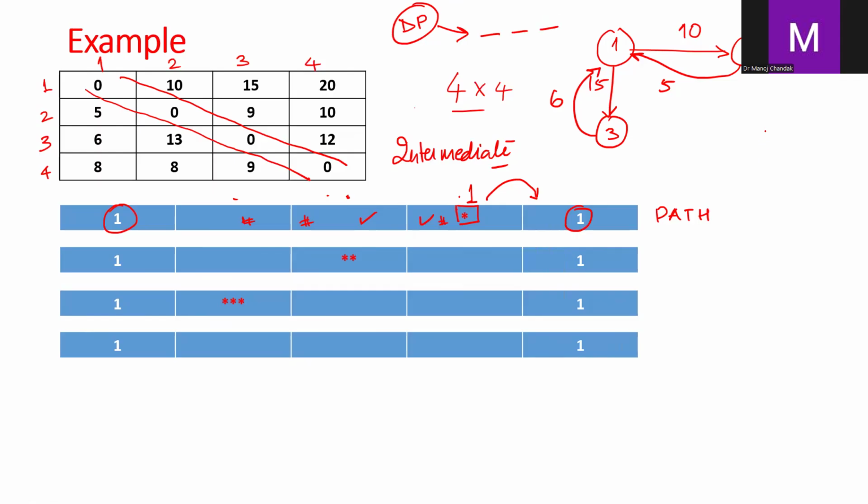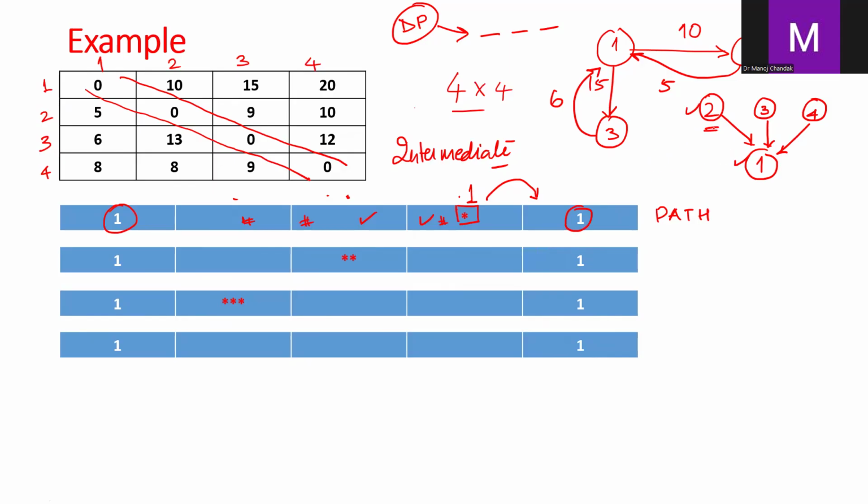So for example, if I want to travel to destination 1 with one possible intermediate, then the different values of this intermediate will be 2, 3, and 4. Okay. And since I am using one of them, I will have to find out what is the cost to travel from that particular selection to my destination.